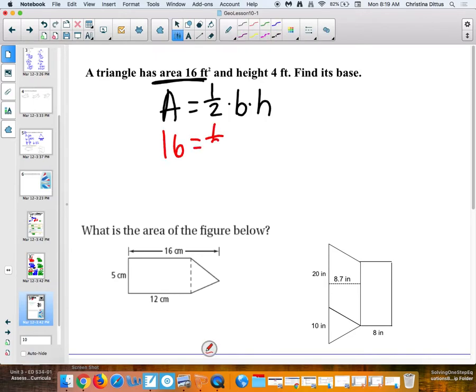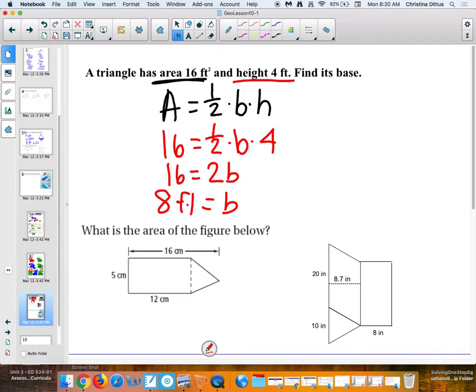I don't need to plug anything in for half. The only other thing I have is height of 4. What letter should I plug that in for? H, so I still have this B. What is half of 4? 2, so this ends up looking like 16 equals 2B, which leaves my base to be how big? 8 what?